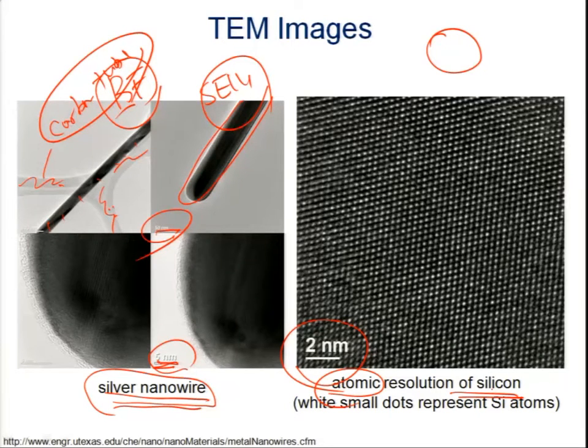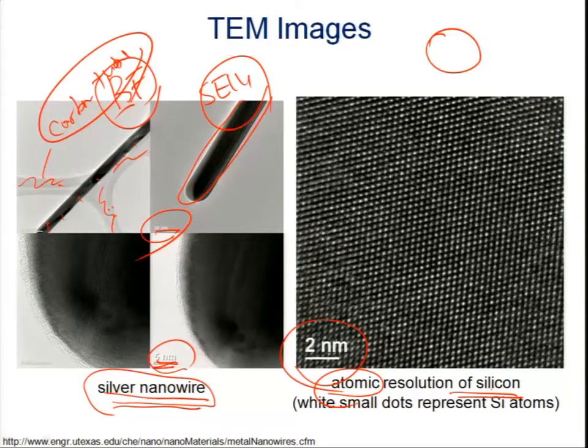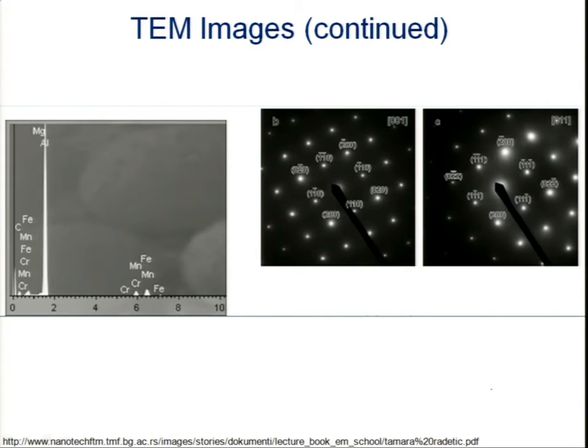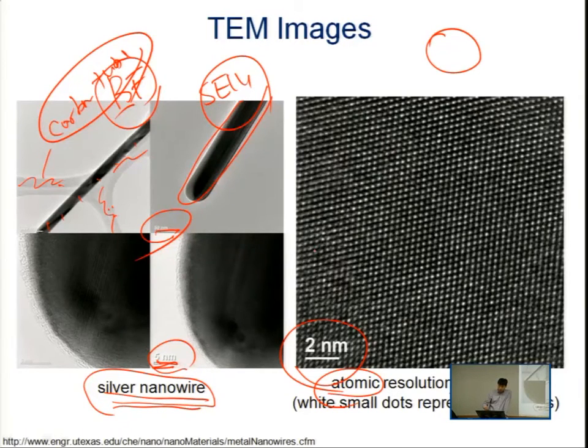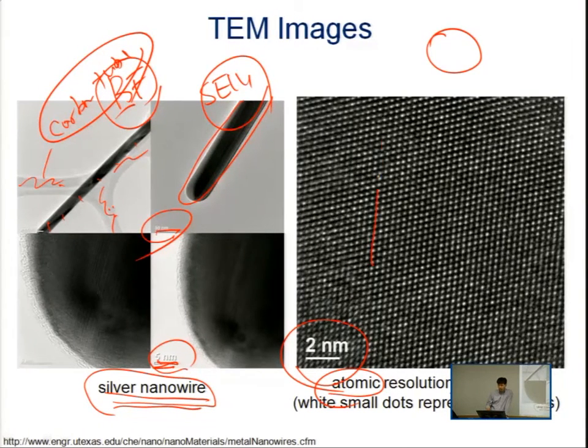When you grow some single crystalline or polycrystalline material, you can use different options like diffraction images. Then you can identify in which directions those atomic layers are aligned.